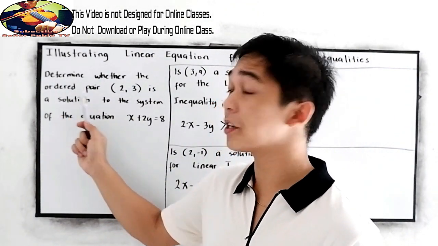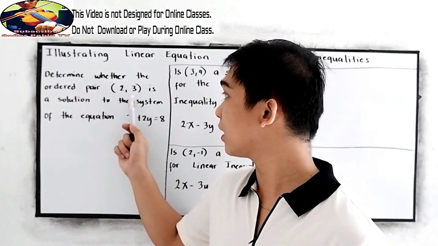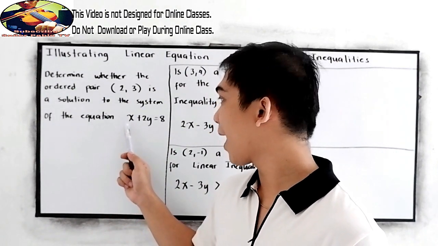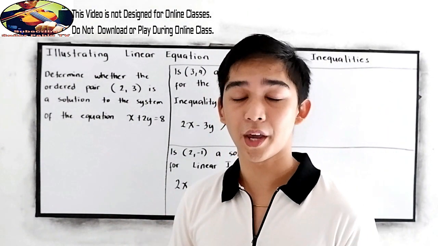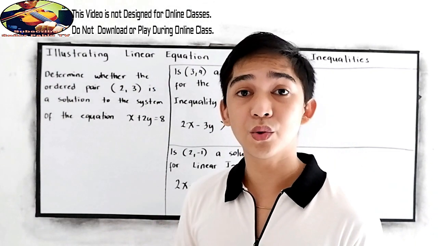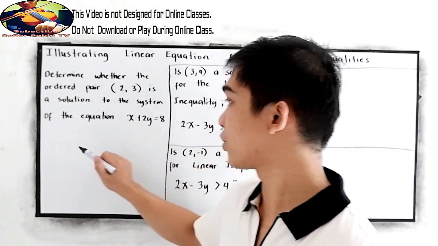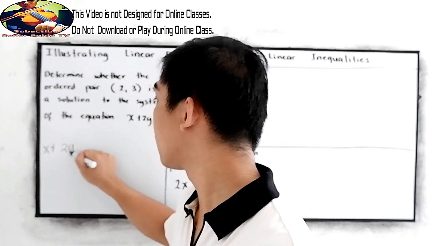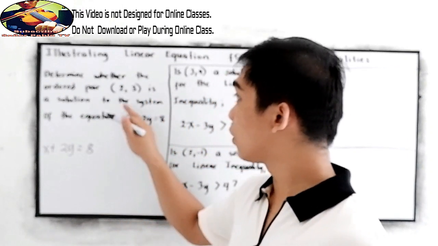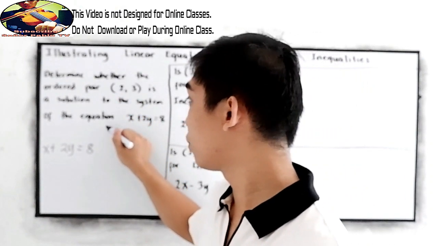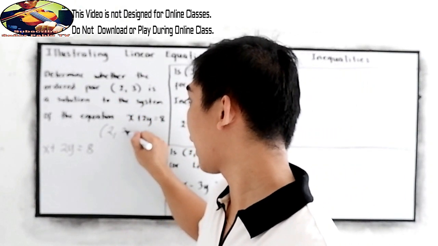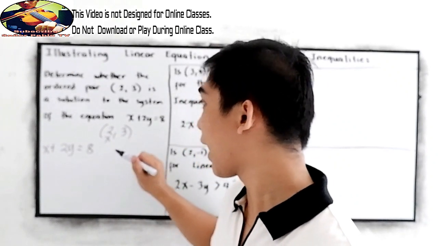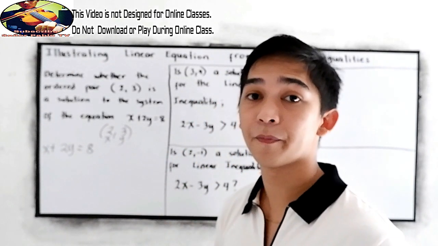Determine whether the ordered pair 2, 3 is a solution to the equation x plus 2y is equal to 8. All we need to do is to copy our equation x plus 2y is equal to 8. We have the given ordered pair, which is 2 and 3. We know that 2 is our x and 3 is our y.